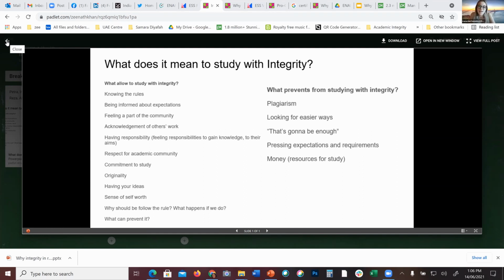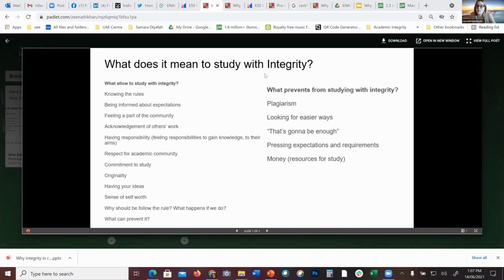On the right side, we have some reasons not to follow academic integrity. And the first one is plagiarism. Then we have the idea of looking for easier ways. So being lazy types. And also the principle of that's going to be enough. So it's enough what has already been said by other people, and I don't have to add something else. So also the idea of trusting yourself.